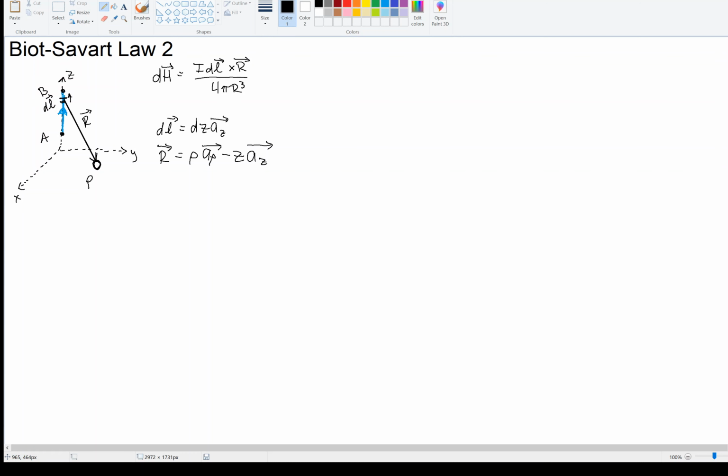Okay, so again, just to get from dl to our field point, we have to go down by z, and then we have to go out from the origin by rho. So now, according to the Biot-Savart law, the small magnetic field due to this wire is given like this.